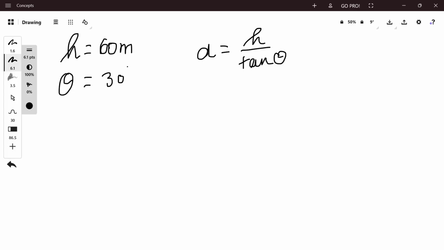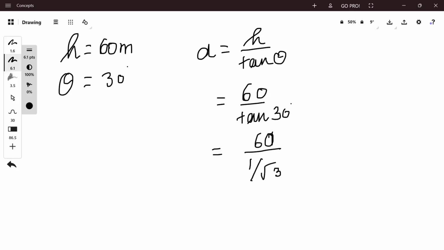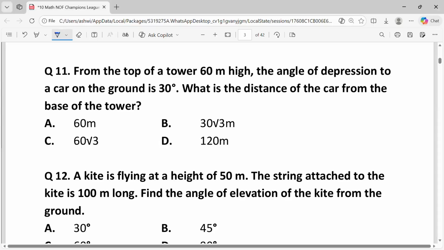Substituting the values, we have 60 upon tan 30 degree, which is equal to 60 upon 1 by root 3, which is equal to 60 root 3. From the given options, the answer is C, 60 root 3.